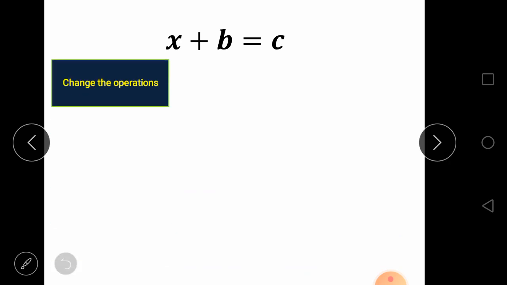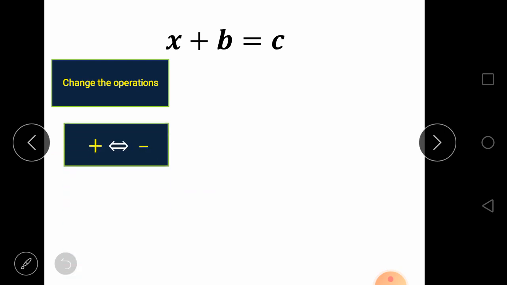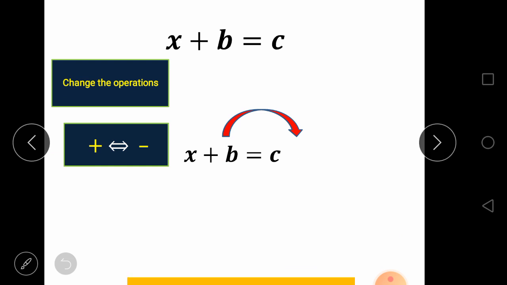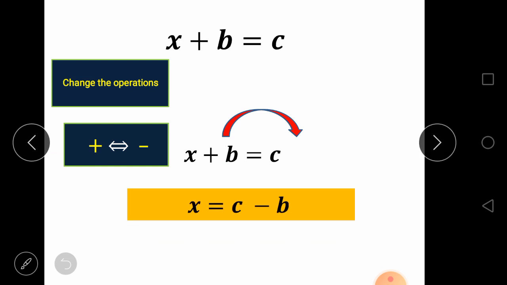Let's see through examples. First, we have x plus b equals c. The question is, make x as subject. How? This is to change the operation first. What's the operation here? It is addition. So b will be transferred there and x will be equal to c minus b.